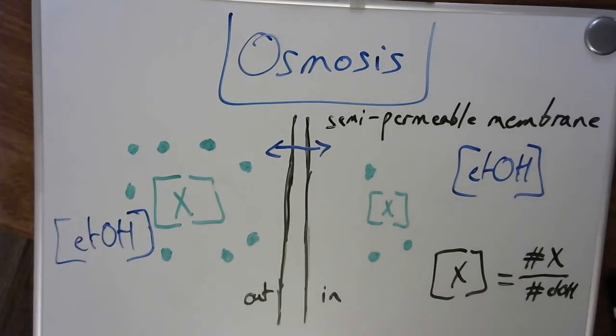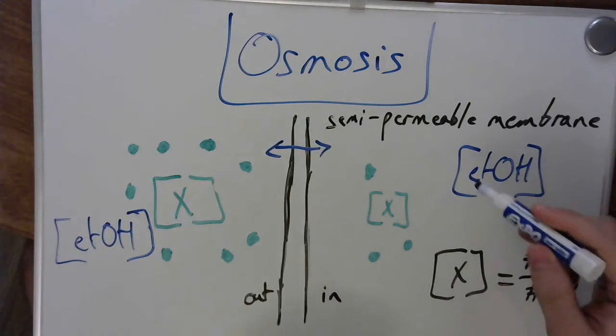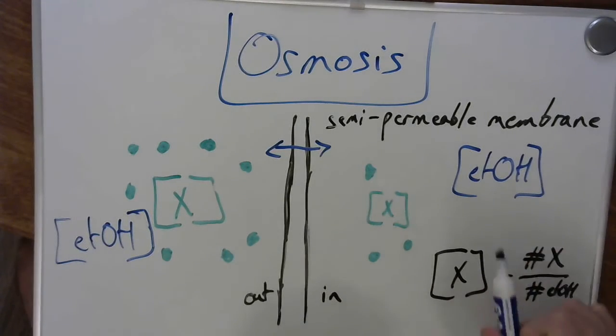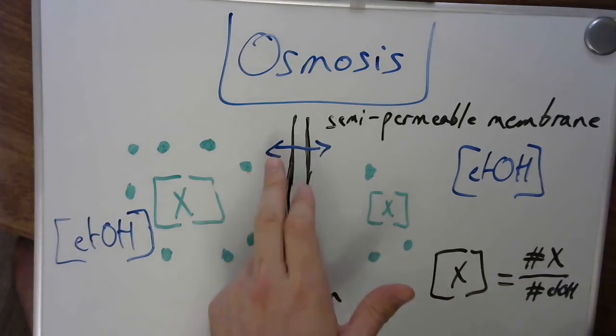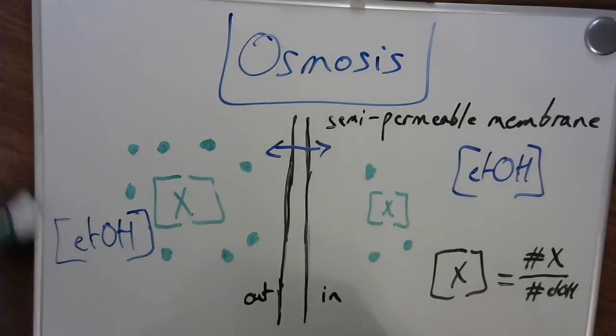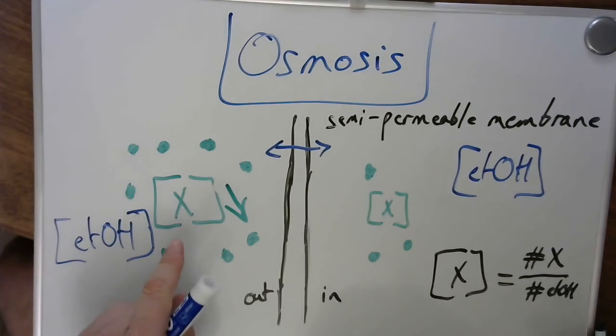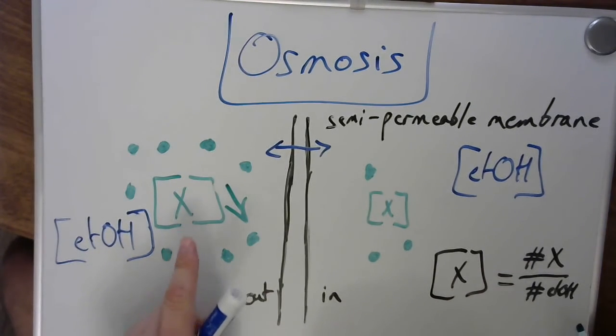And this is what's going to happen, because the principle of entropy is respected, and the ethanol, in this case the solvent, is going to change, because it can fully move. So remember, we want to decrease X outside. To decrease X outside, we are going to need to increase the concentration of the solvent.